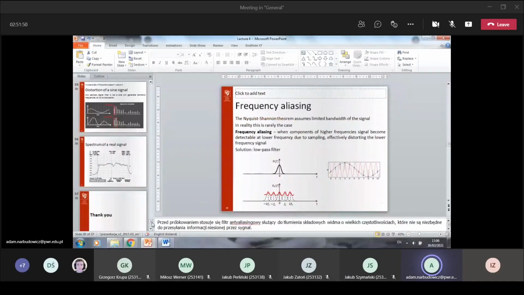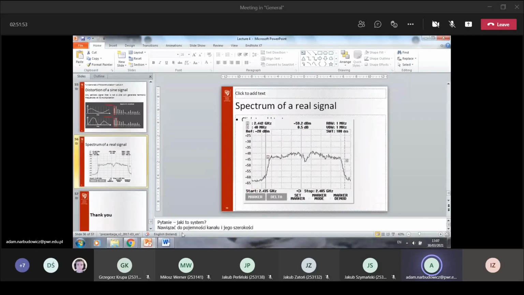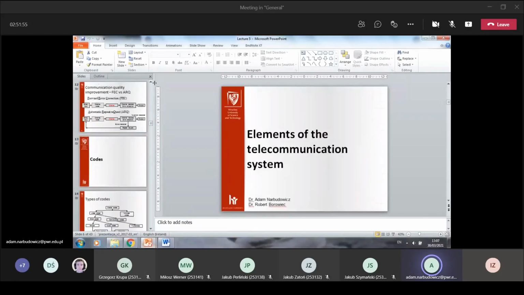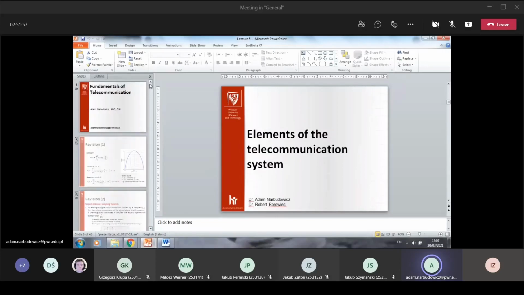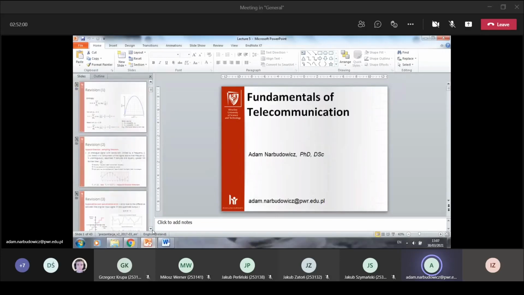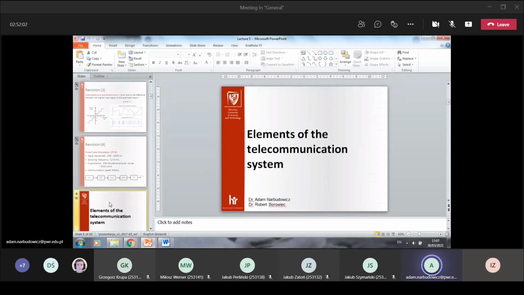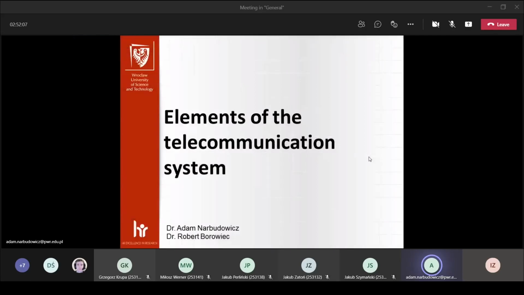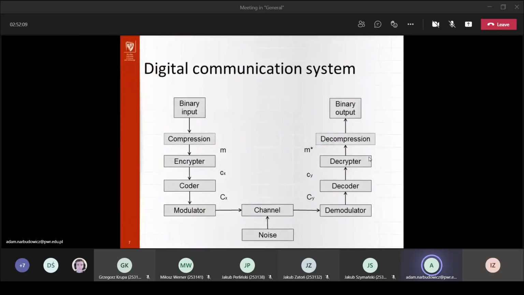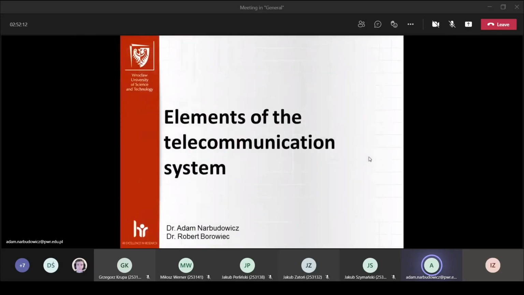So now we have a little bit more time, actually. So let's move on to some analysis of the telecommunication system, putting together a little more of what we learned so far about error correction, error detection, and so on.